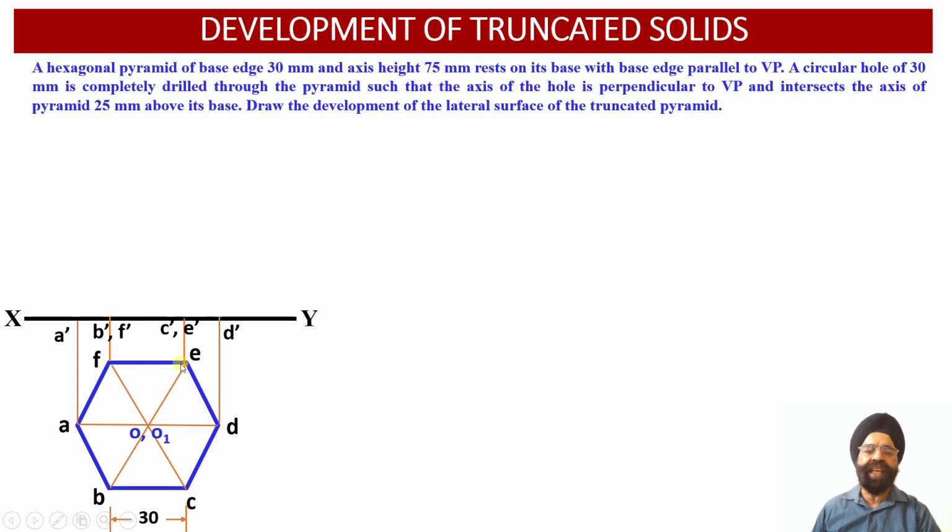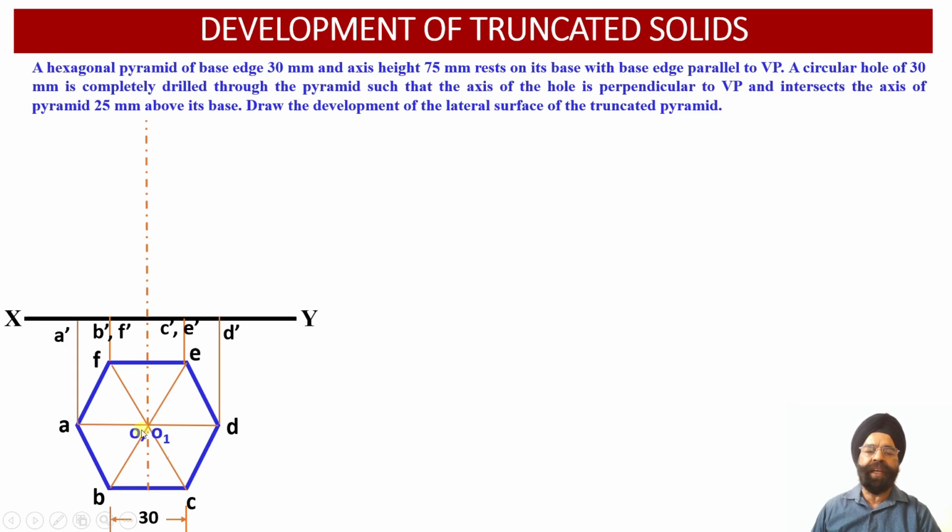Similarly, the points C and E coincide in the front view and will be projected as C dash and E dash onto the XY reference line. Similarly, the projection of point D onto the XY reference line appears as point D dash in the front view elevation.